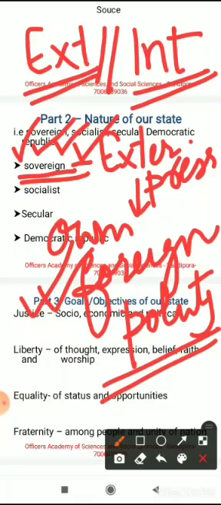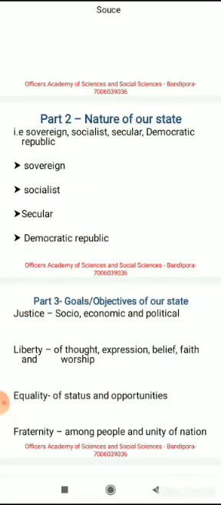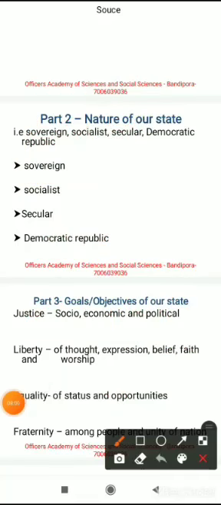Now coming to the second part, that is socialist. What do you mean by a socialist country? See, socialism is a part of our philosophy, that is the nature of our state.